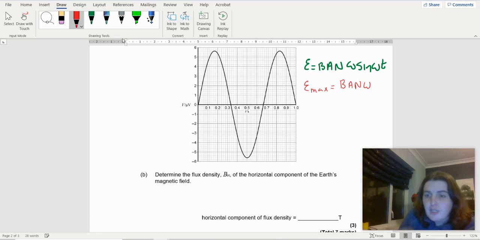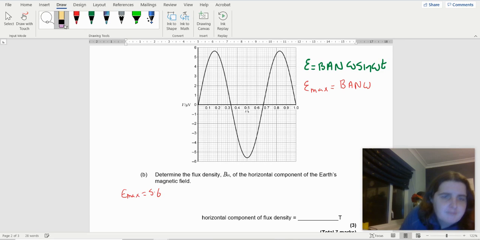From this graph, I can find the maximum EMF that I generate, and that's going to be about 5.6 microvolts. So Emax is 5.6 microvolts, so times 10 to the minus 6.